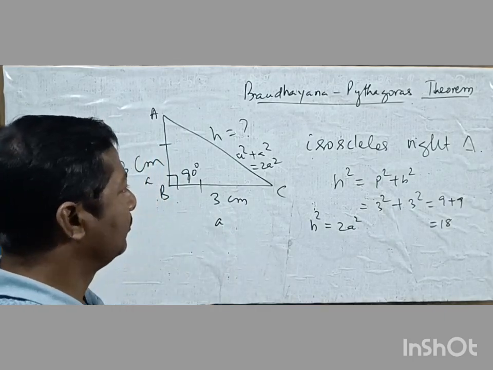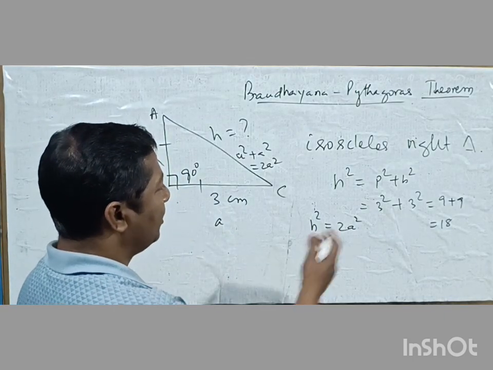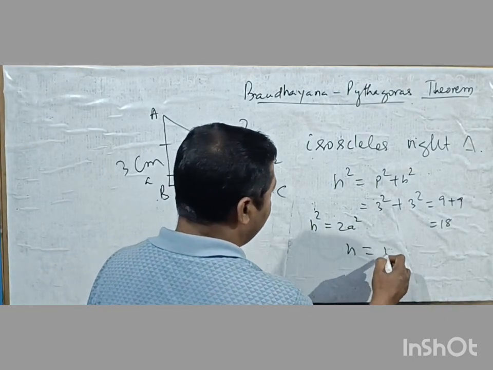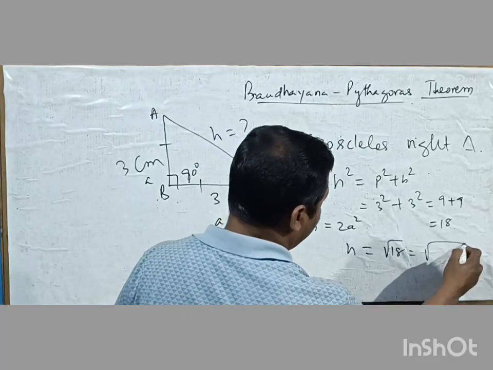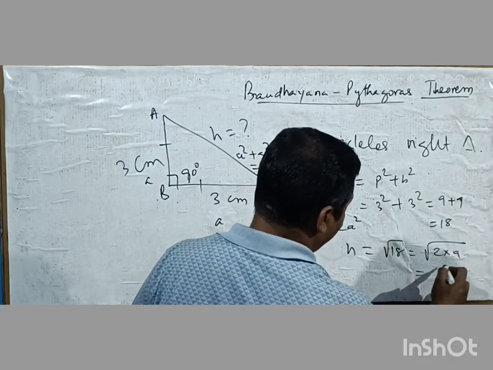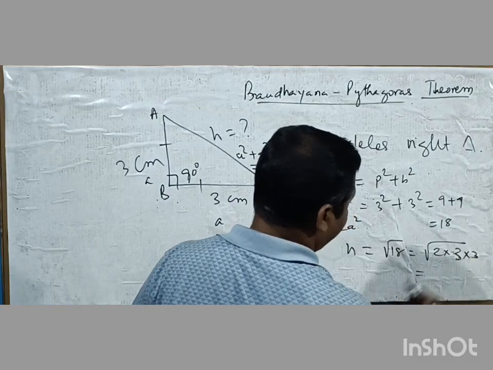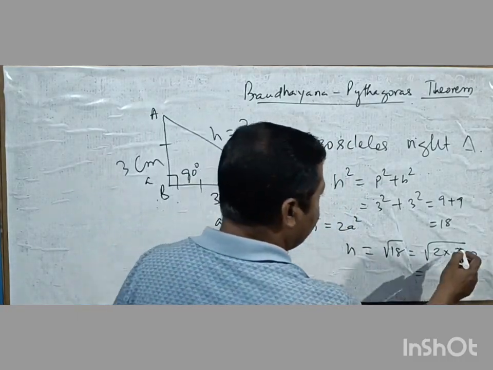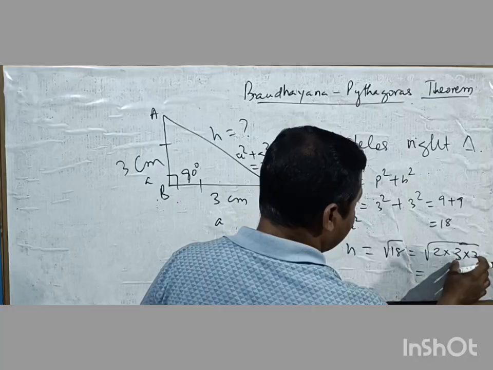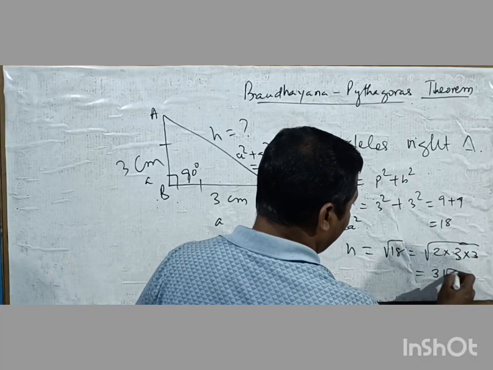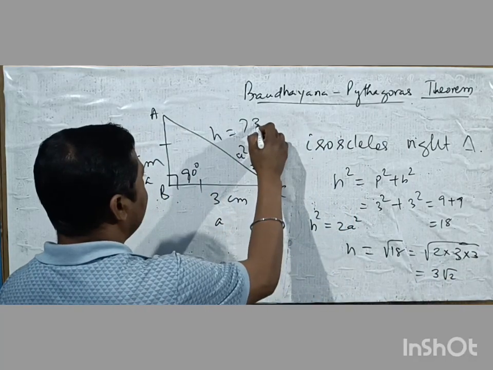Here it is 18, so h equals root 18. What is root 18? 2 into 9, that is 2 into 3 into 3. So 3 can be taken out because two 3s are there. So this is 3 root 2 cm.